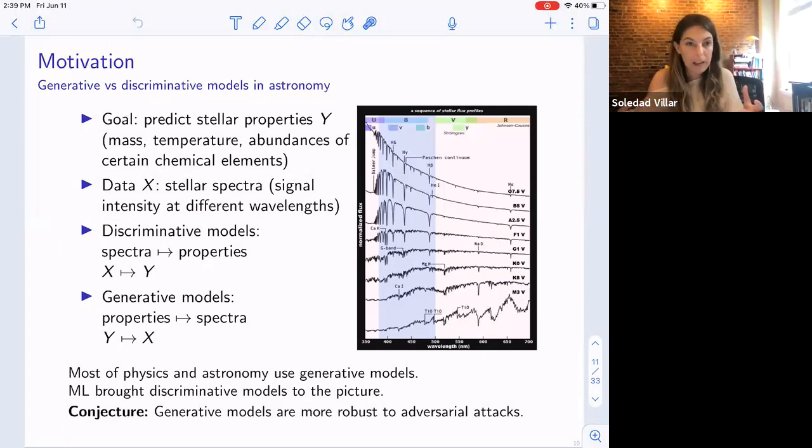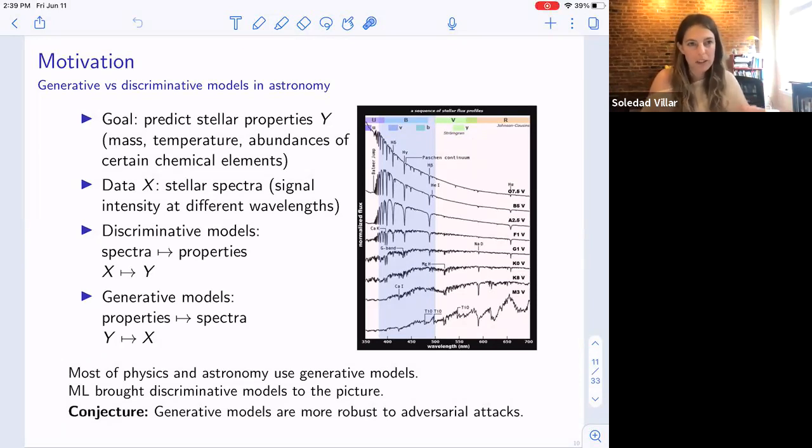They want a physical model that is able to predict, depending on the properties of the star, how the spectra would look. So the model goes in the other direction: it generates the data from the labels. And the claim of my collaborator is that the way to do it in the physical sciences is the generative way.